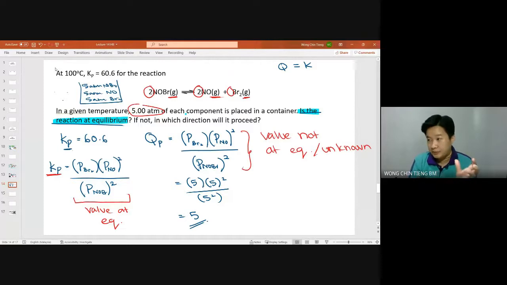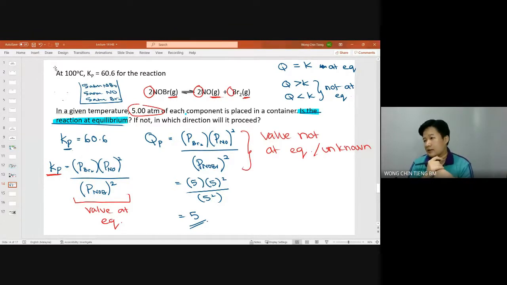QC, KC lah. QP, KP lah. Alright? If they are equal, then the system is at equilibrium. If you have Q more than K, or if you have Q less than K, both is not at equilibrium. Logik lah. Kalau dah sama dengan KC, KP, equilibrium lah. Betul? Kalau dah tak sama, tak equilibrium. Logik je. Tak ada apa.